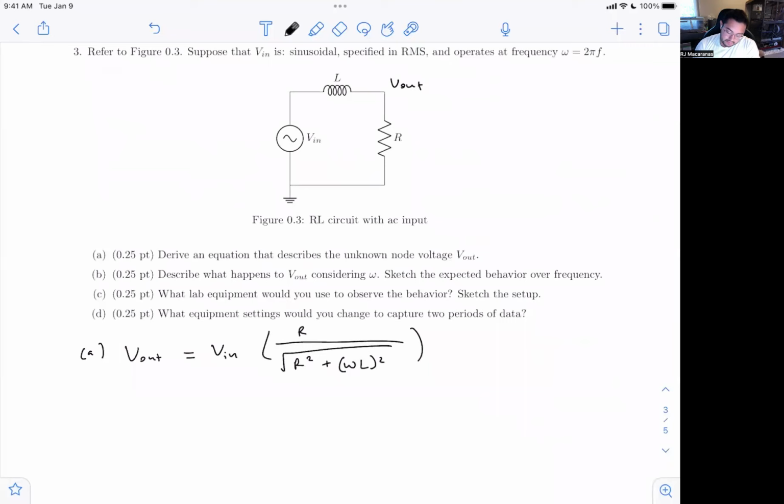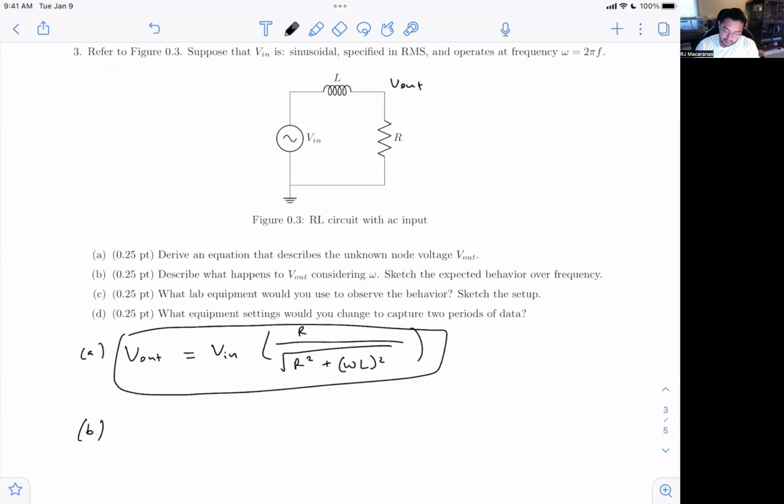And part B: what happens to V out considering omega again?